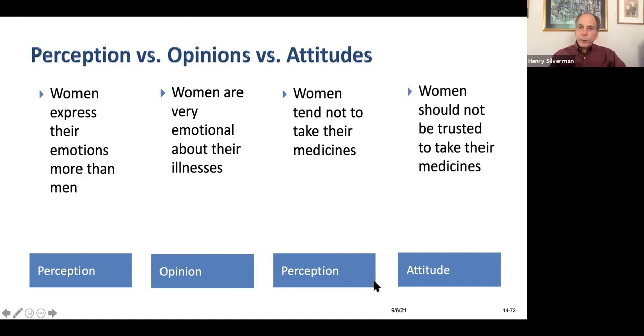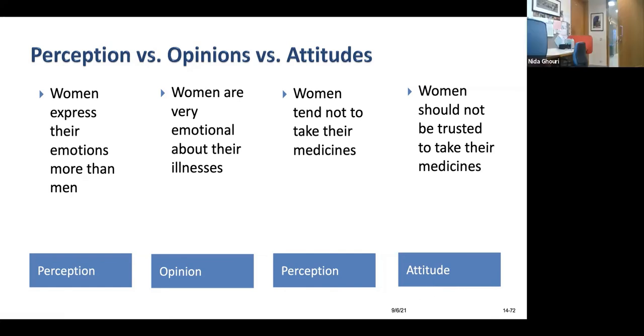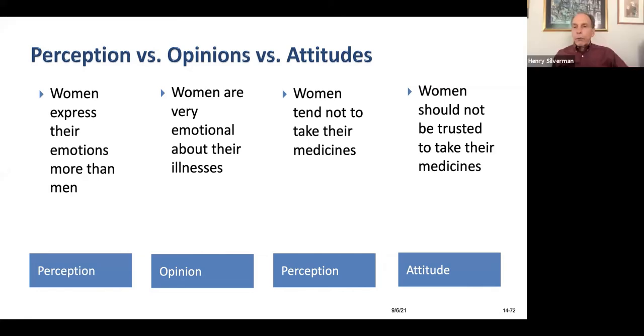So that's an attitude. The moral of these exercises is that when you go to write your questions, if you're developing a perception scale, you want to make sure it's clear it's a perception.